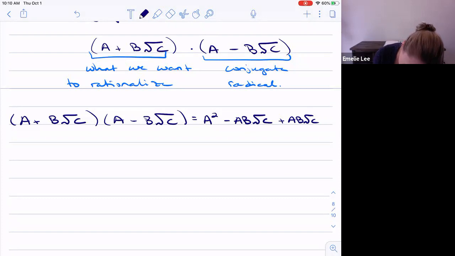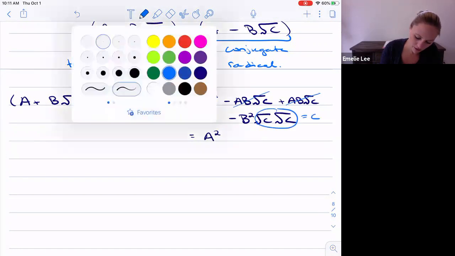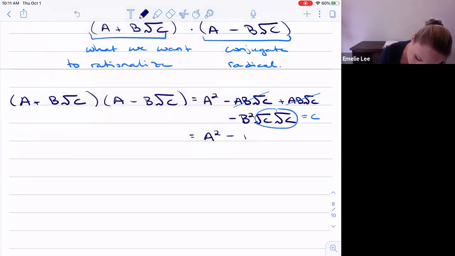So then I ran out of room. My negative b squared root c times root c, which is just going to be c. So we get a squared. I'll just make a note here. These guys go to 0. So I get a squared minus b squared c.